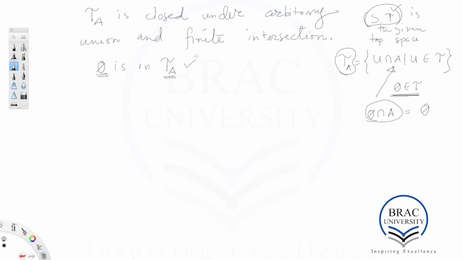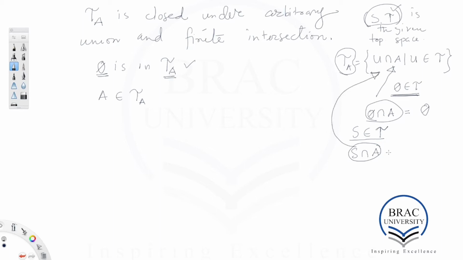Another observation: A is also in tau A. How is that possible? Because S is in tau; by the definition of topology, the entire set has to be in the topology. So S intersected with A also has to be in this collection.